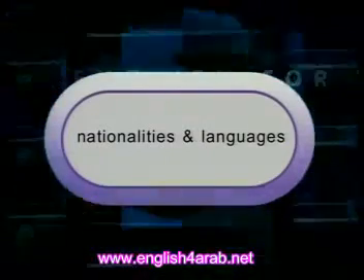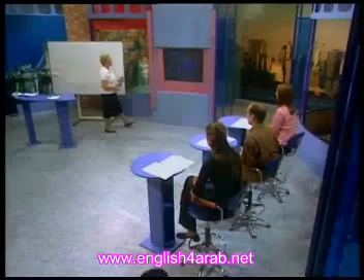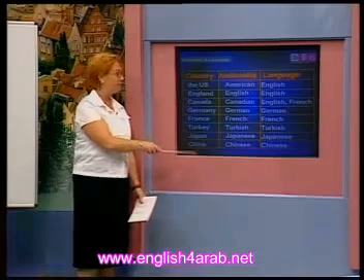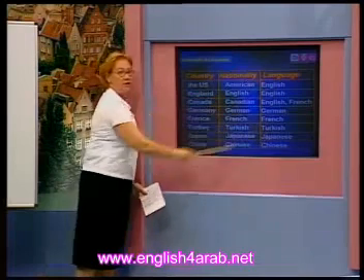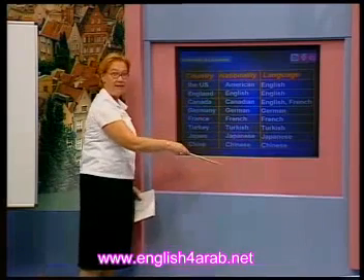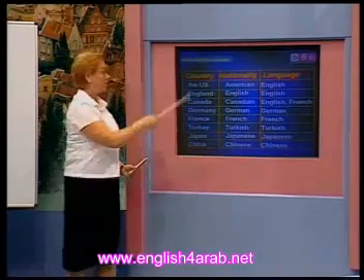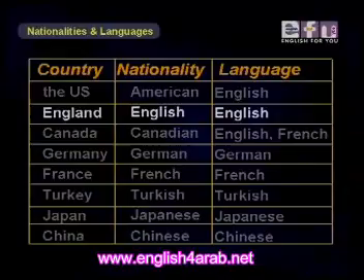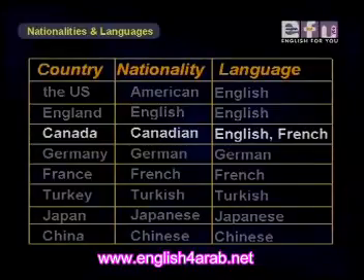Nationalities and languages. Now, here is more information about, we saw the country, we saw the language, now nationality. So, the U.S., American, English is the language. England, English, and English. Canada, Canadian, and English and French.